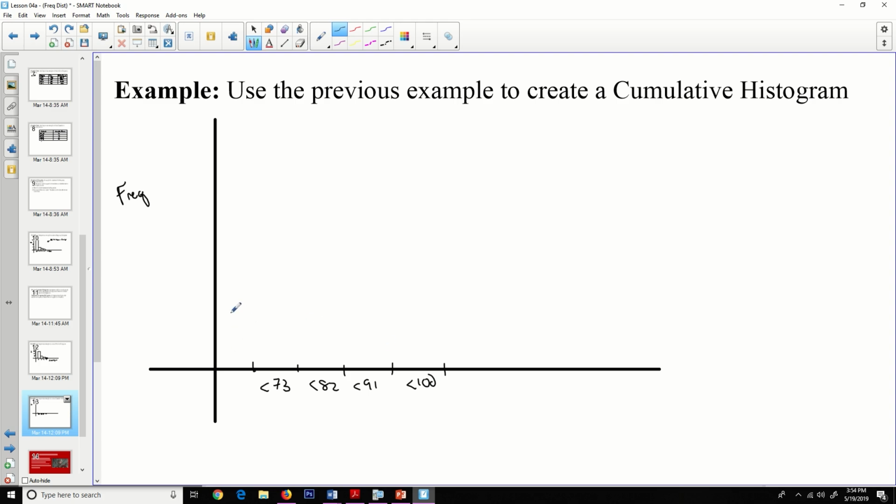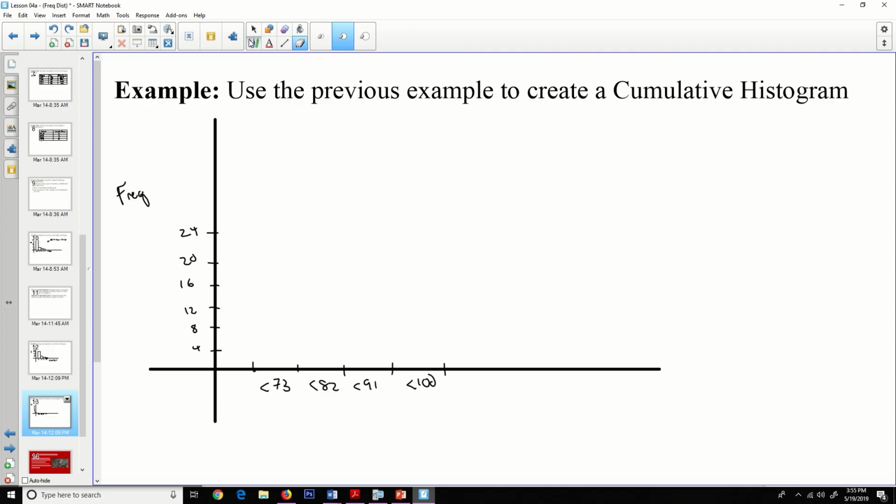And so we have to go up to 24 this time. So let's go by fours. So 4, 8, 12, 16, 20, and then 24 at the top. That's how we'll get there.